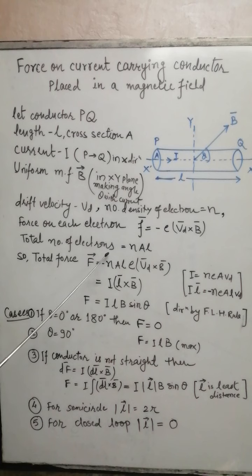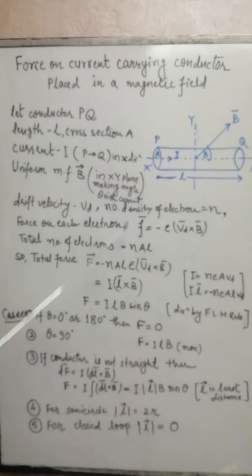So we can say that total force experienced by this conductor F is equal to this into this. So minus nALe Vd cross B.